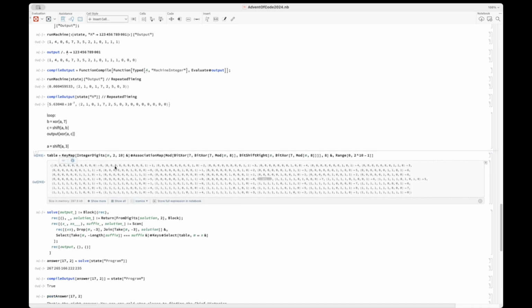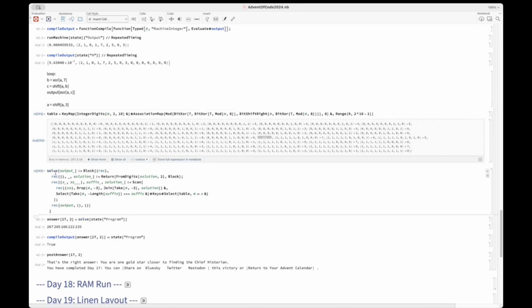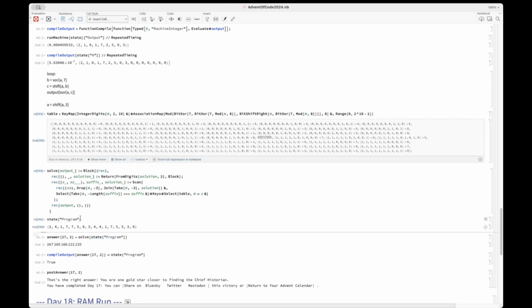So you just make this table, and then what you do is just typical recursion, right? In order to solve for any output, here we want the output that produces the program itself, right?